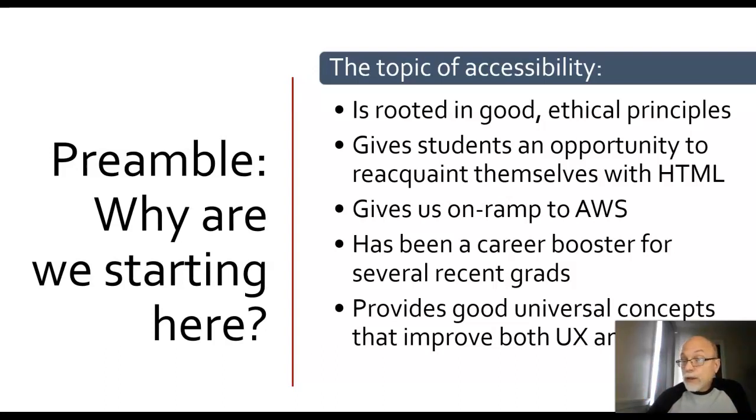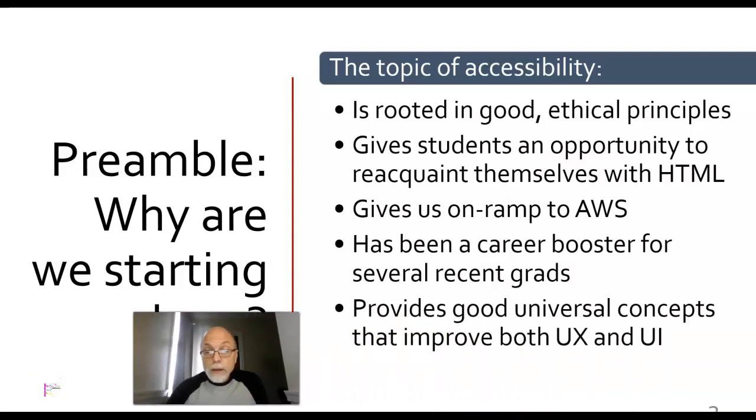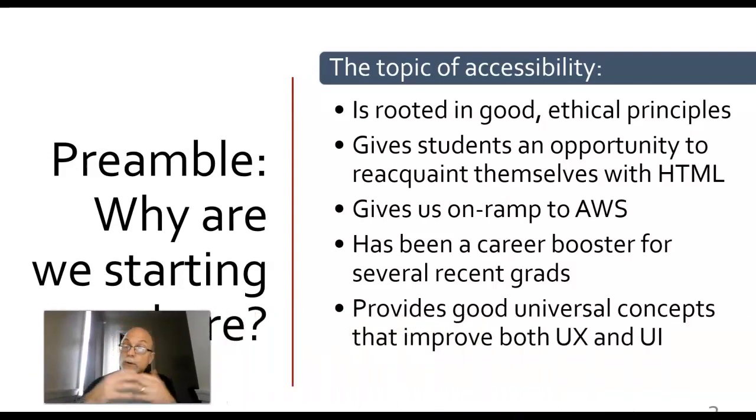This topic has been a great career booster for several recent grads, including the alum I mentioned just a moment ago. And thinking about accessibility is a good universal approach to thinking about both user experience and the user interface.